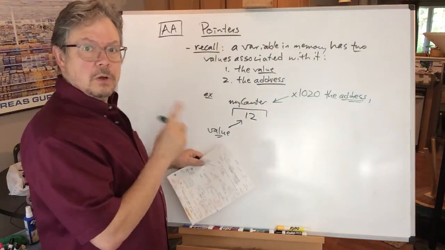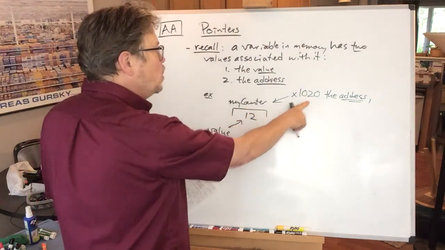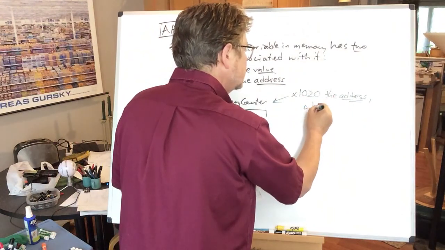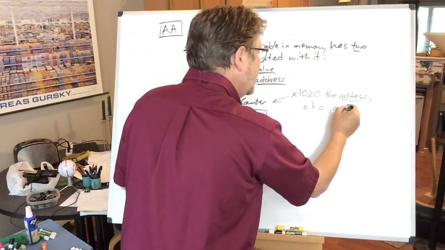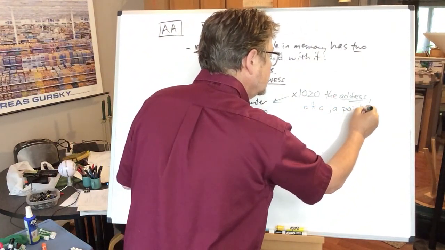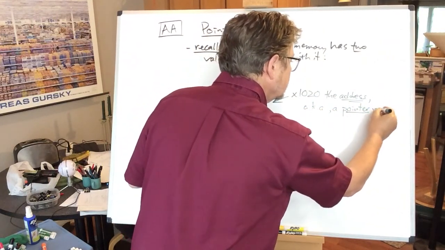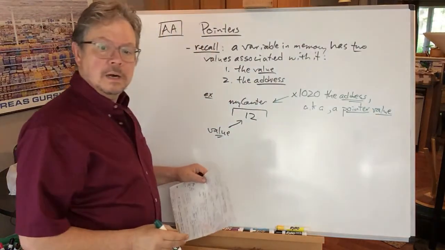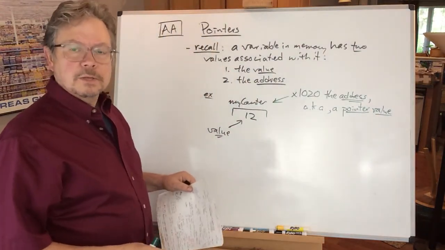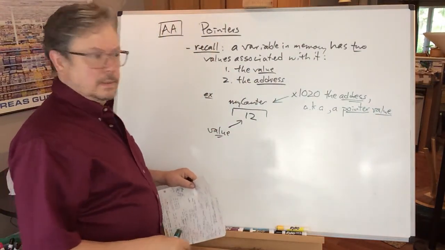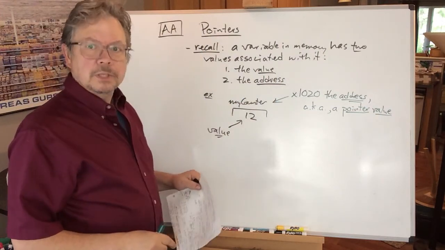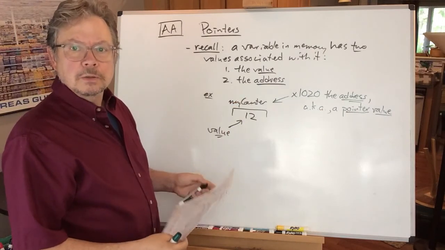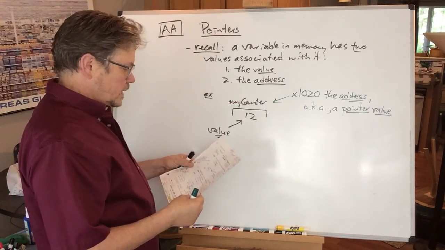In addition to being called an address, this is actually called a pointer value, the address, also known as a pointer value. So we're sneaking up on what pointers are here. A pointer value is the address of a memory location, in this case, particularly, the address of variable myCounter. The hexadecimal 1020 is called a pointer value.